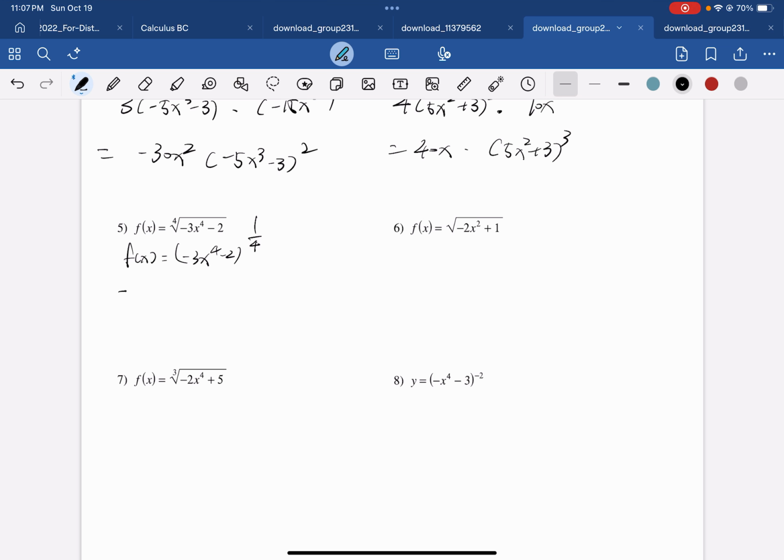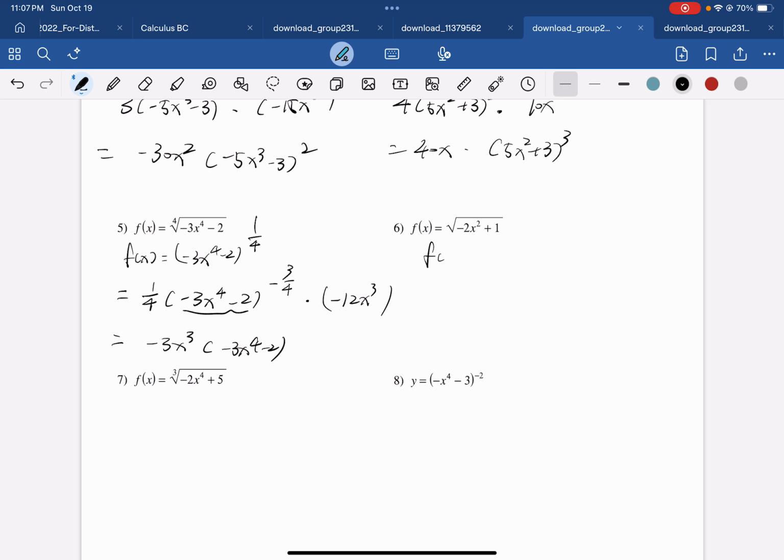So we got 1/4 times (negative 3x to the 4th minus 2) raised to negative 3/4. And we times the derivative of the inside function, which is negative 12x cubed. And we multiply them together, which gives negative 3x cubed times (negative 3x to the 4th minus 2) to the negative 3/4.